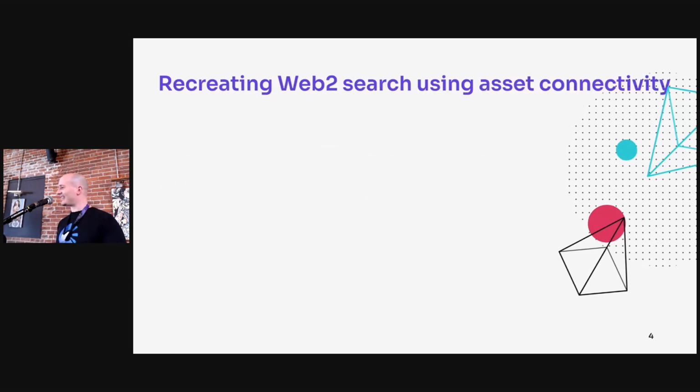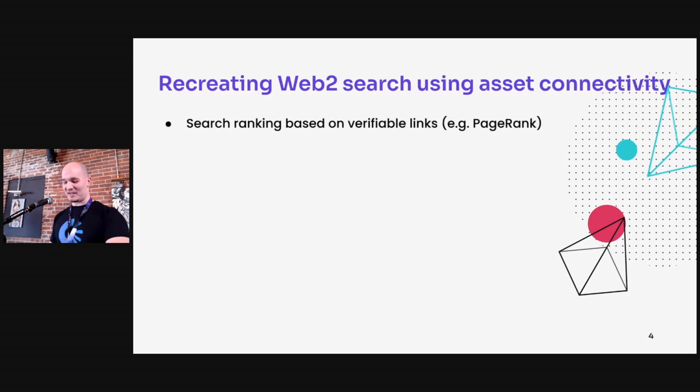All right, so what we're doing here is really recreating Web 2 functionalities like search using asset connectivity. And just to paint a couple of ideas here, which are not yet built, but are very exciting, at least in my opinion. For example, Google search. You might have heard of this PageRank algorithm. Well, Google became big because of it. Larry Page, therefore PageRank, created an algorithm that says, okay, I'm going to rank sites by how many other sites link to them.